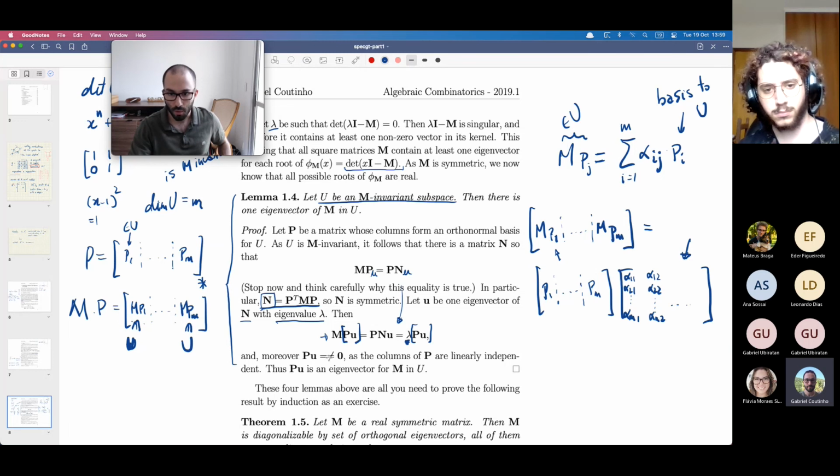And this thing is non-zero because the columns of P are linearly independent and U is an eigenvector of something and therefore is different than 0.